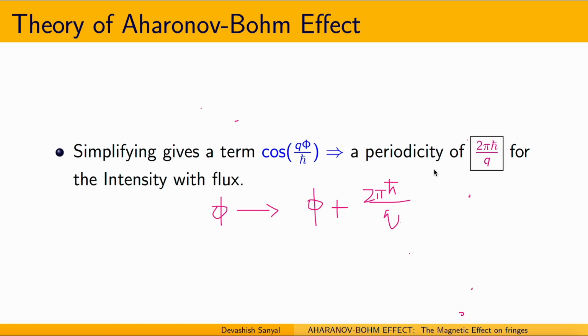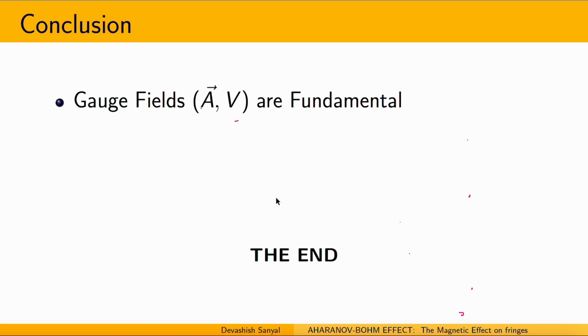And the final slide is, so what is the takeaway? What did we learn here? We learned something very important. In classical electrodynamics, the electric and the magnetic fields are considered fundamental, and A and V, the magnetic vector potential and the scalar potential, are just considered mathematical constructs.